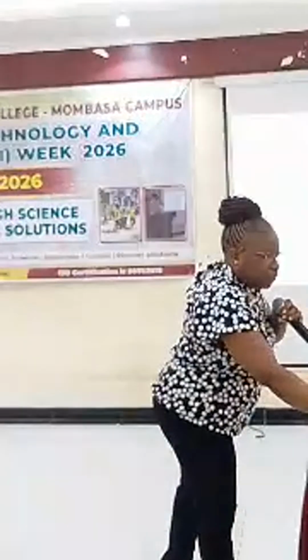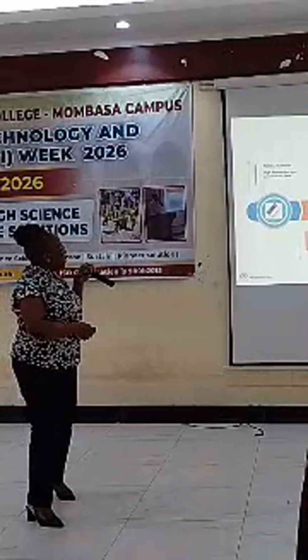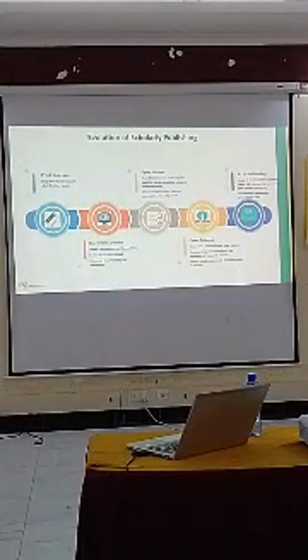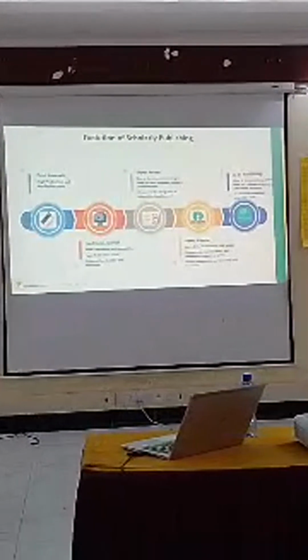And now you see the world is moving very fast. So even before we were able to conceptualize open access very well, there was open science. So we are still trying to understand what open science is all about. Now there is AI. So that evolution continues.